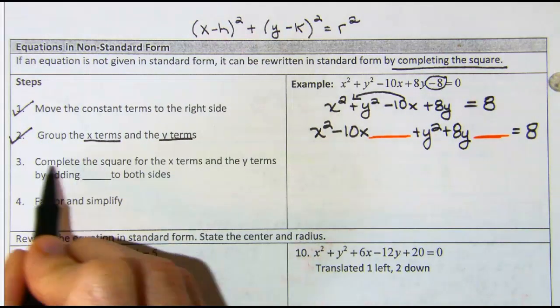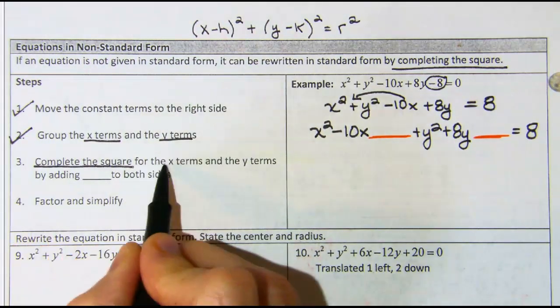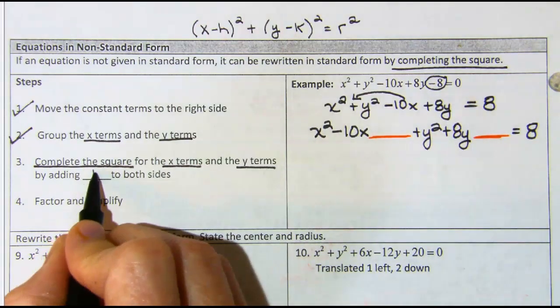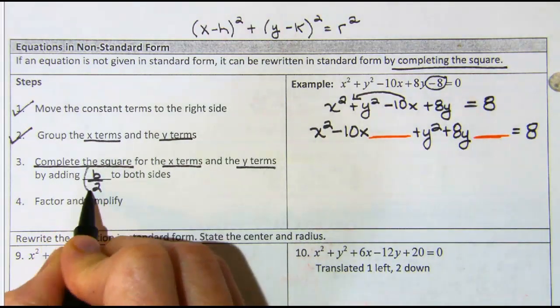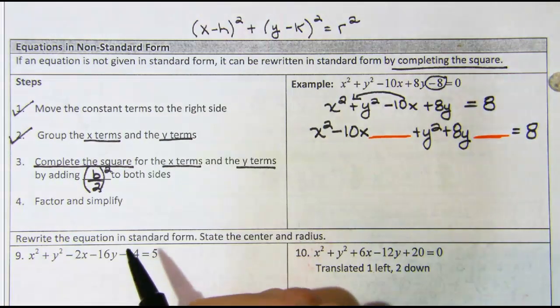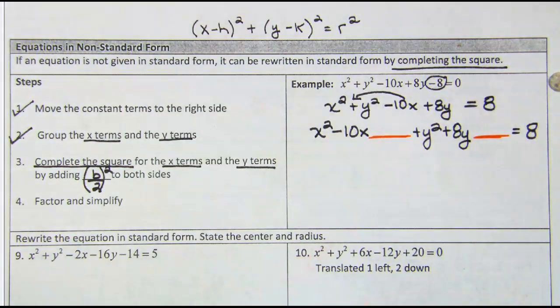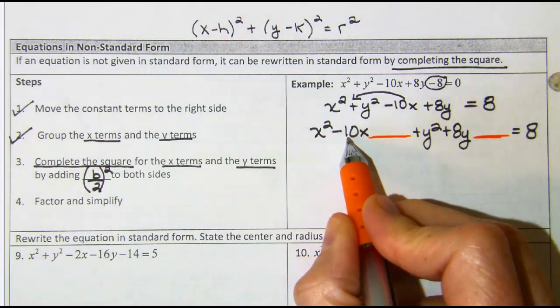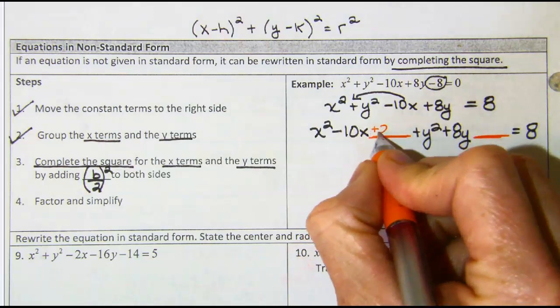Step 3. Complete the square for the x and y terms by adding (b divided by 2) squared to both sides. So, negative 10, half of that is negative 5. Negative 5 squared is 25, so add 25.